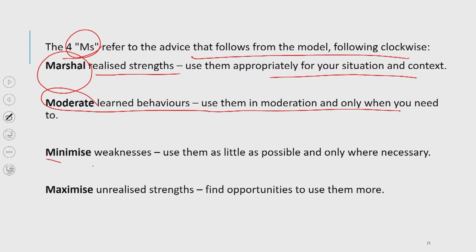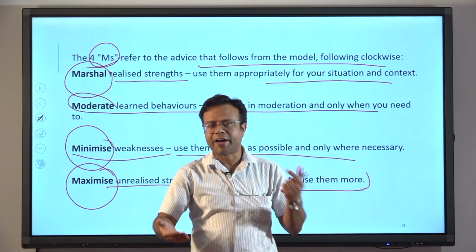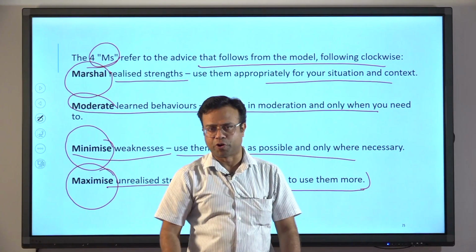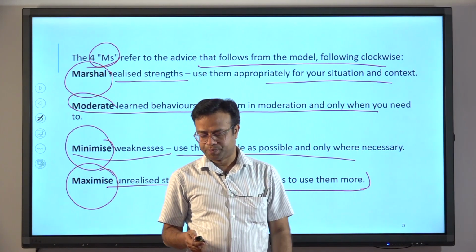The third M is minimize weakness. Use them as little as possible because weaknesses may contribute to lower performance, low energy and so on. And the fourth M is maximize unrealized strength. You have to use them more and more, and find opportunities to use them more. So that is the 4M that we talked about in this model. Basically these are advice for each of the categories.